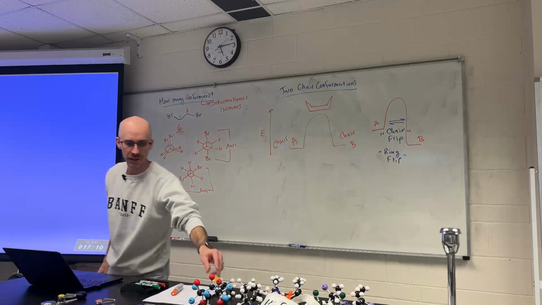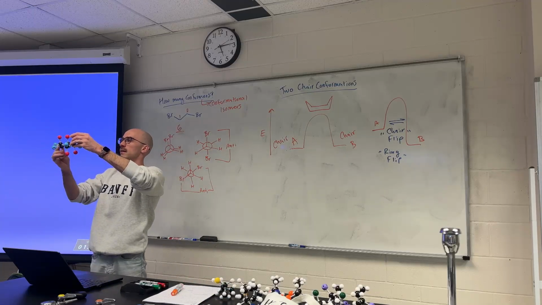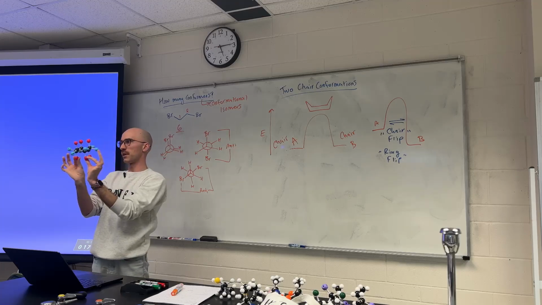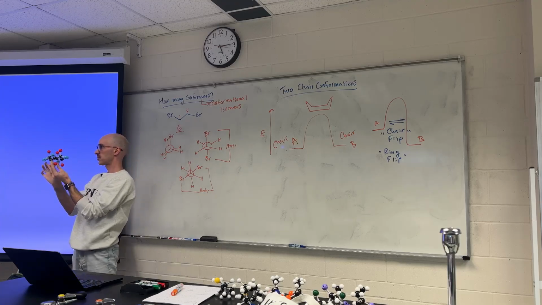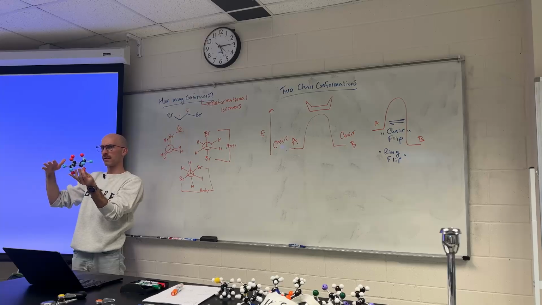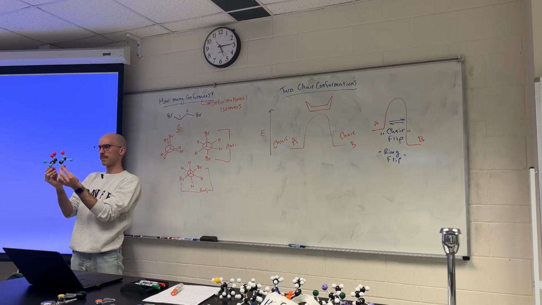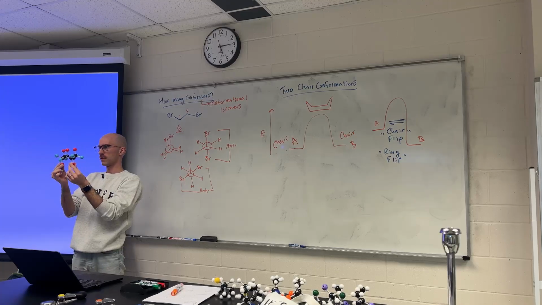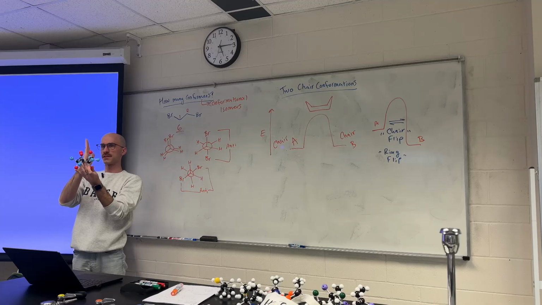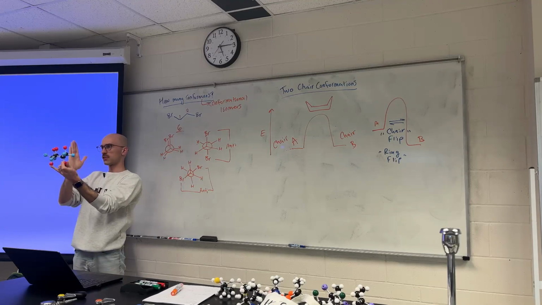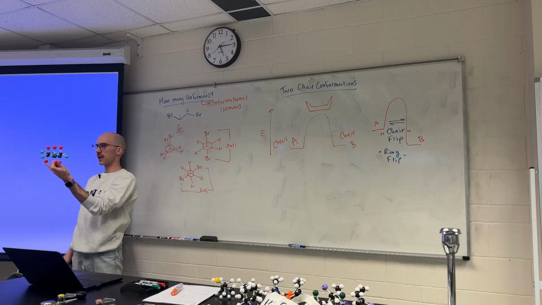So this is where I left you last class. We said all of our red substituents, some are up, some are down, but they all can be described with what term? Axial. All of the red substituents are parallel to the axis of the ring. So we say all of these red substituents are axial.